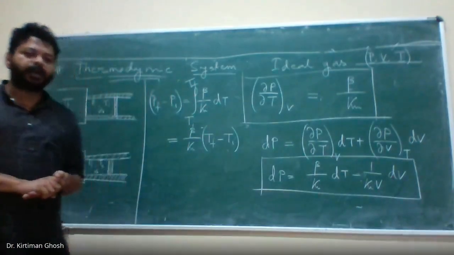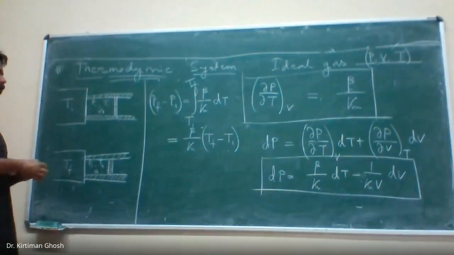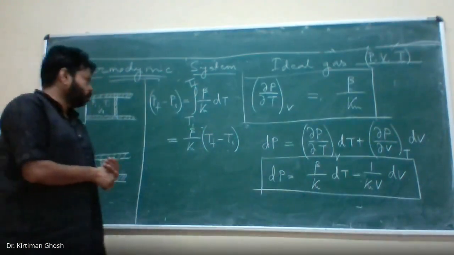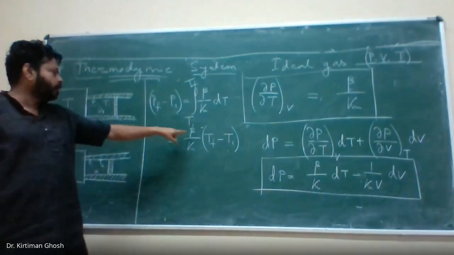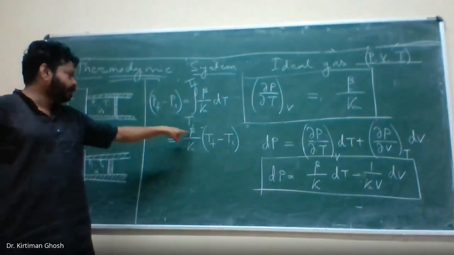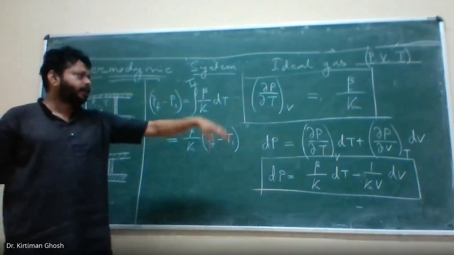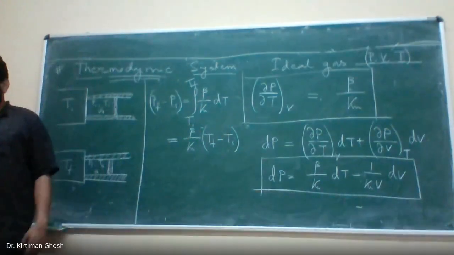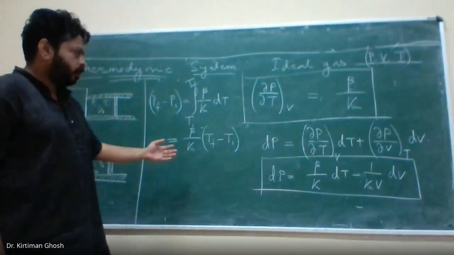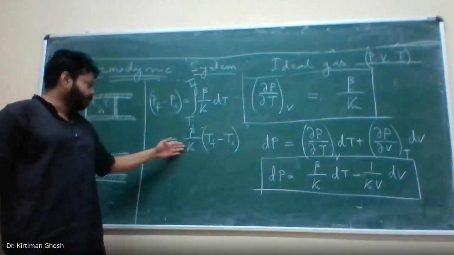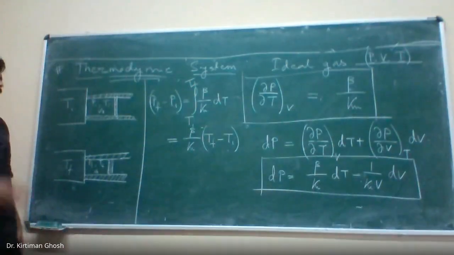So this is the beauty of thermodynamics. In the next course in statistical mechanics, you will estimate the expressions for beta and kappa from a more fundamental theory. But here we are not doing that. We do experiments, calculate beta and kappa, and predict the behavior of the system.